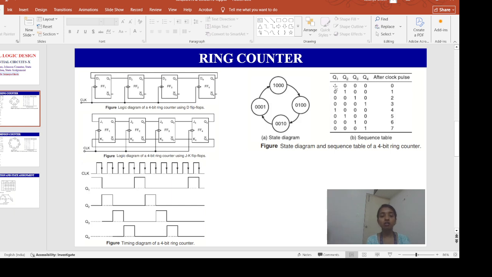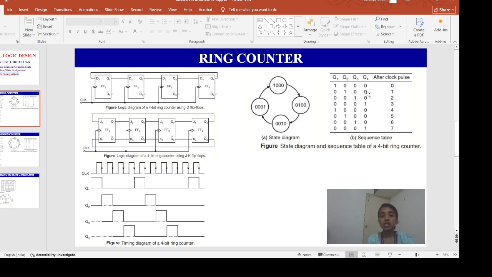The initial state is 1 0 0 0, so Q1 is 1, Q2 is 0, Q3 is 0 and Q4 is also 0.